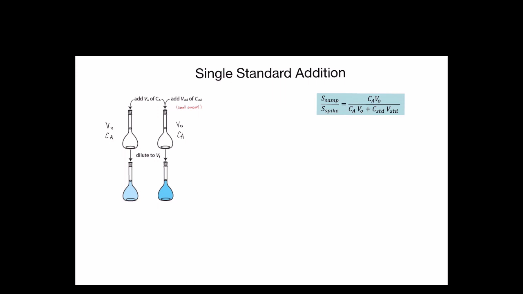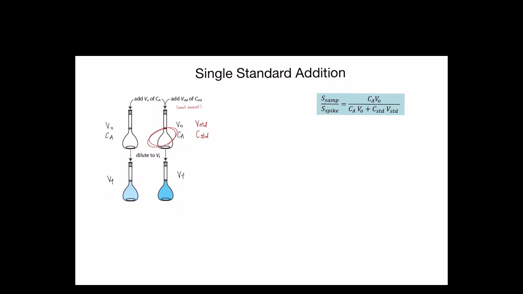And in only one of them, we add a standard volume of VSTD, for volume of standard, and this volume will have a concentration called CSTD. After that, we're going to dilute it into the final volume VF. So these two flasks will have the same final volume.